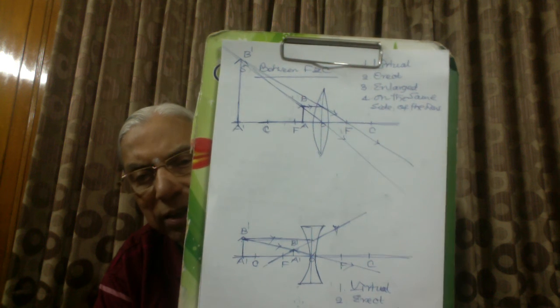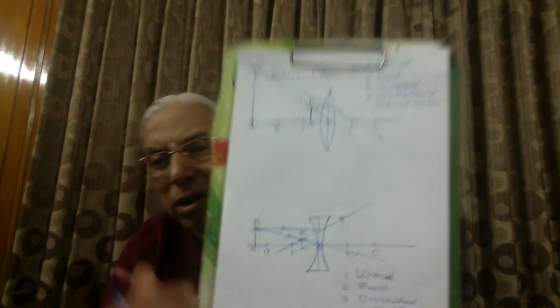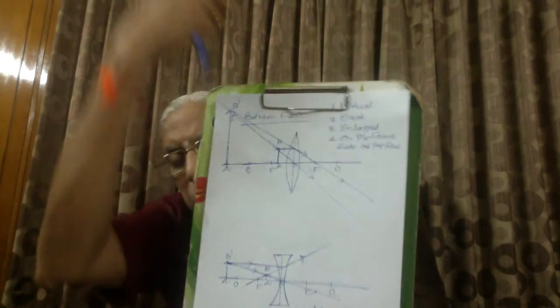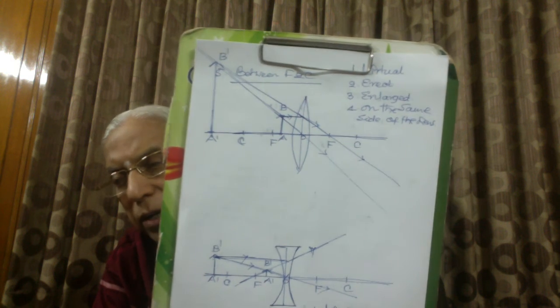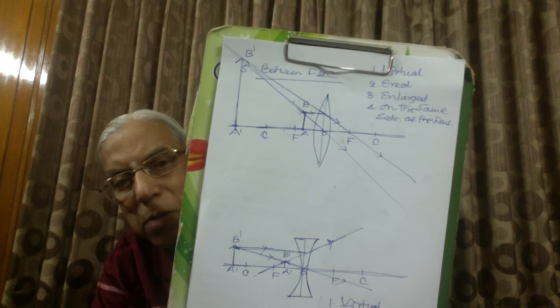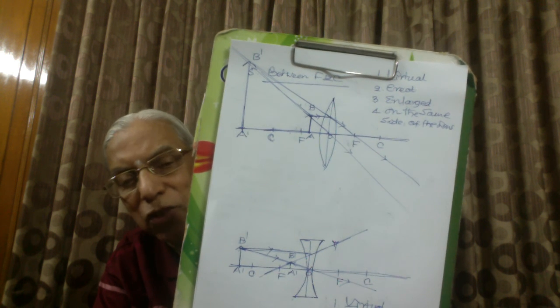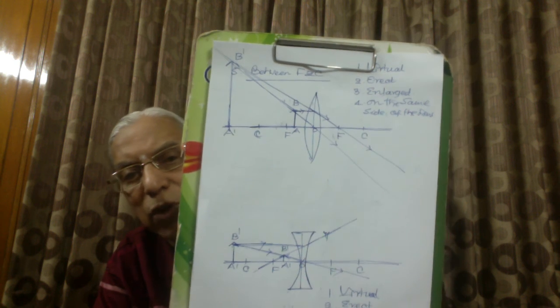But from the figure, you can see that these rays form a divergent beam of light. They will not meet. Suppose you produce them backwards, they are supposed to meet at a point B dash. From B dash, if I drop a perpendicular, A dash B dash is the image of the object. This image is formed by the divergent beam of light, and therefore it is a virtual image.